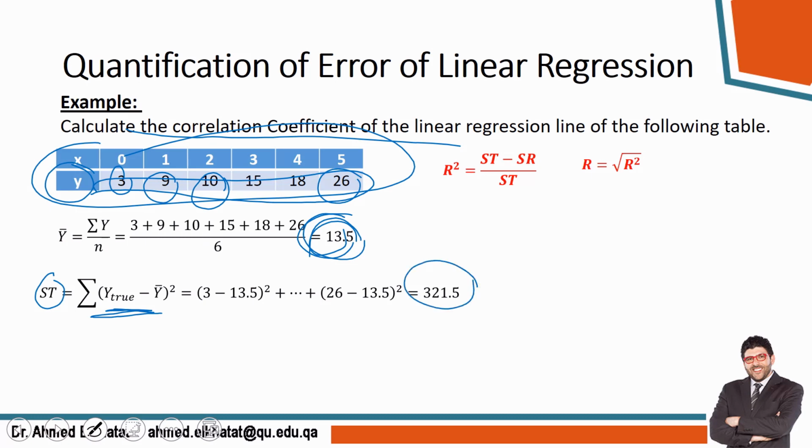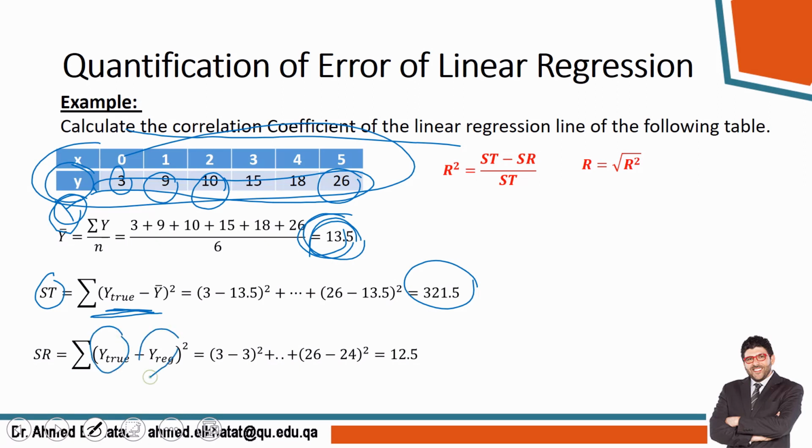Now after that we create another y for regression, based on the coefficients a0 and a1, and we can find SR, which is the summation of y true minus y regression, squared. One point here: there is no problem if you put mean minus y true or y true minus mean.